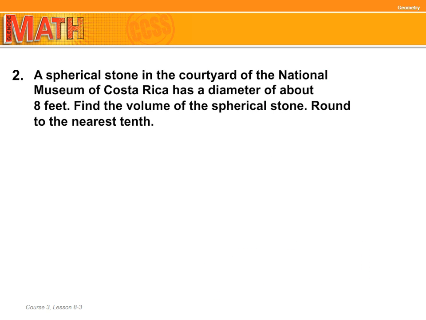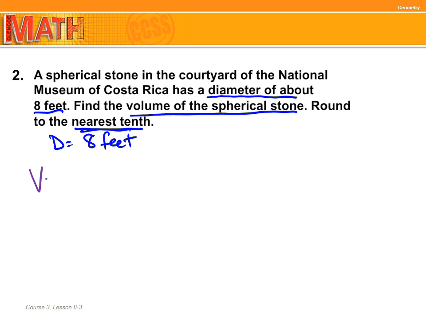A spherical stone in the courtyard of the National Museum of Costa Rica has a diameter of about 8 feet. Find the volume of the spherical stone. Round to the nearest tenth. The formula for the sphere volume is 4 times pi times radius cubed divided by 3.